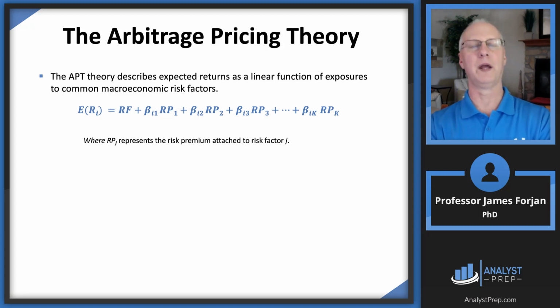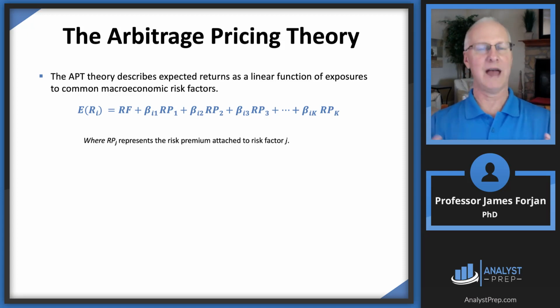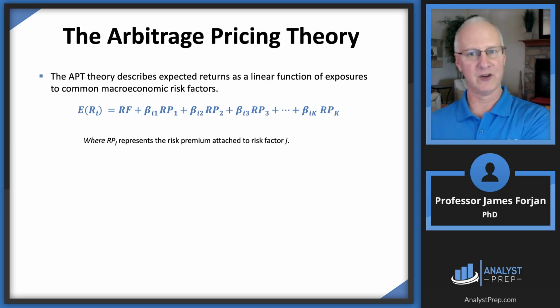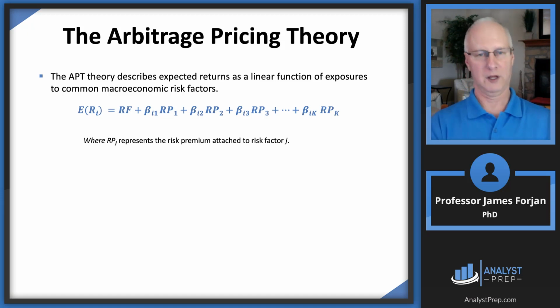Now, remember, in the capital asset pricing model, inside of that equation, there was the expected return on the market minus the risk-free rate of interest. And we all have come to know that that's called the market risk premium. And so Ross decided to use that concept of a market risk premium, but attach it to individual factors. So in the APT model, we're just calling these RPs, the risk premium. And so notice what we're doing here. We're trying to determine the expected return on an individual stock.